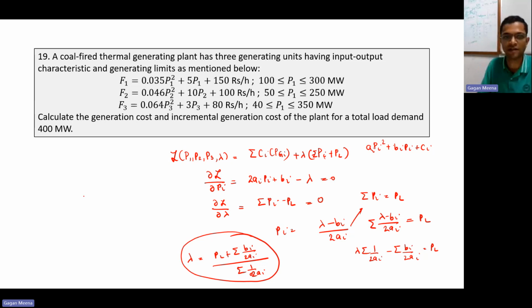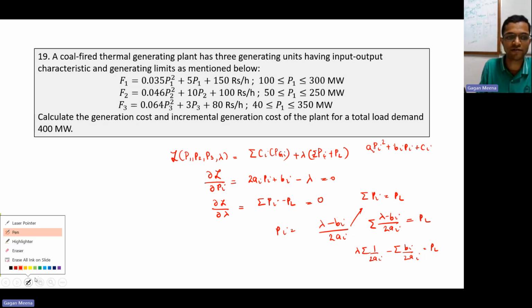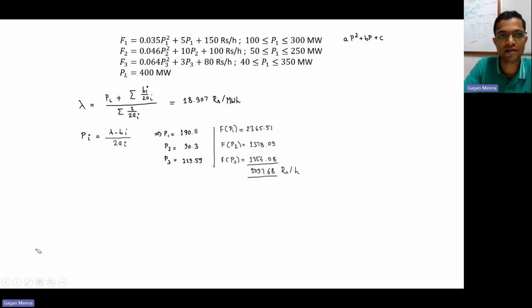You can use this, and then P_i you can find as (lambda minus b_i) upon 2 a_i. Using this, we have to find lambda and P_i. Then we have to check whether these P_i are within the bounds or not. Here we find lambda and then calculate P1, P2, P3.